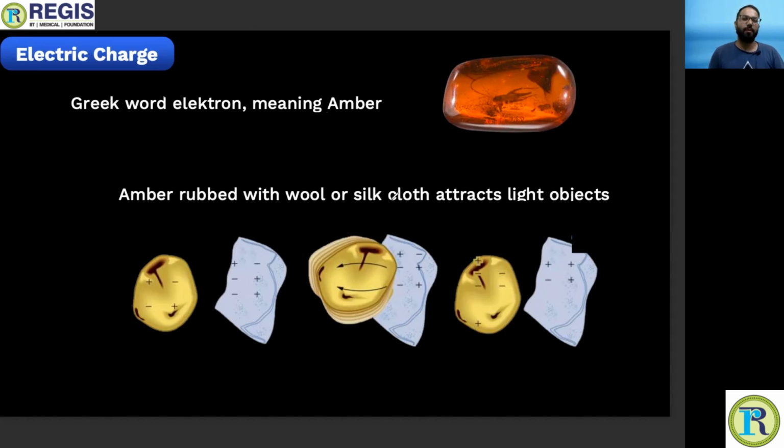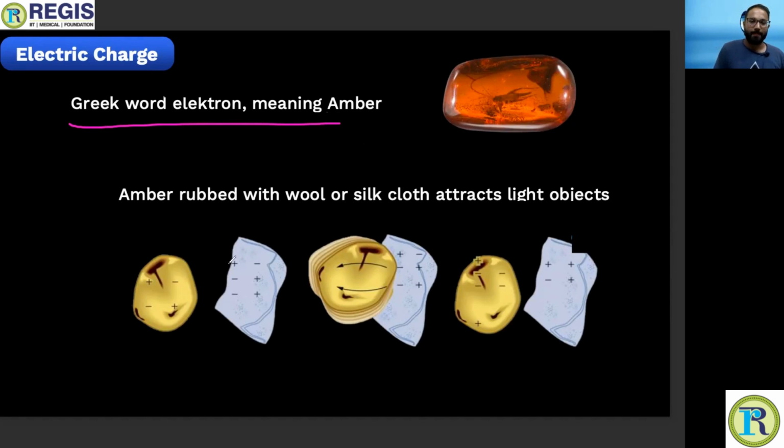If you talk about electron, it's a Greek word, meaning amber. So amber rubbed with wool or silk cloth attracts light objects. Why? Because when we rub two objects, there will be transfer of electrons from one object to another object. Because of that process, both will carry positive charge and negative charge.